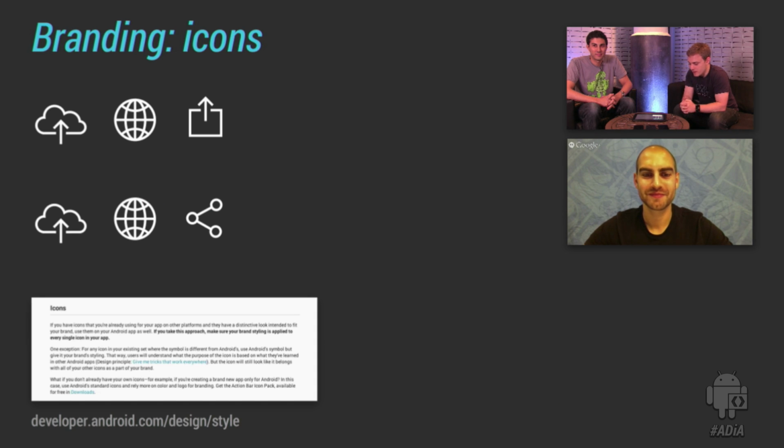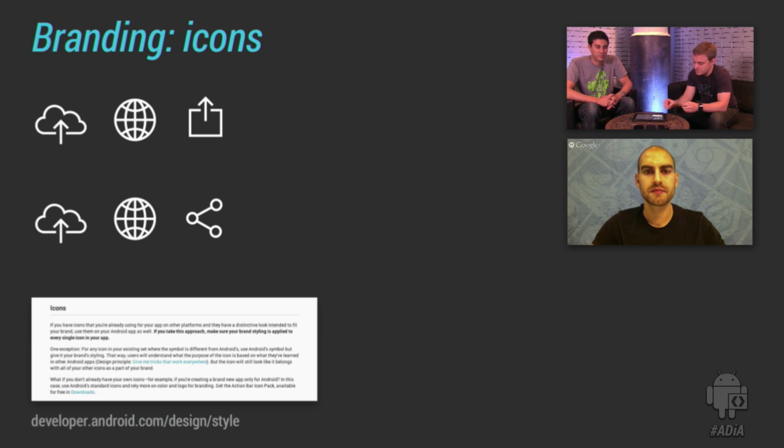As part of this new Your Branding section, at the very bottom, you'll also notice the section on icons. Specifically, it talks about the distinction between visual styling and iconography, the actual glyphs or the meanings of the icons.